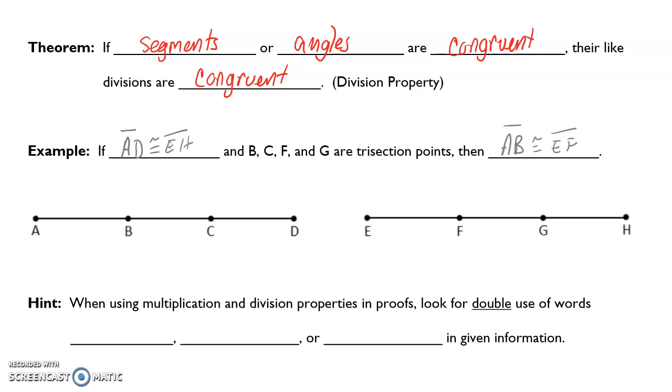In this case, I went from a big congruent segment as a hypothesis to a small congruent segment based on bisector or trisector, based on multiples or like divisions. That is my division property. Okay. So in this case, I started out with these big segments being congruent.